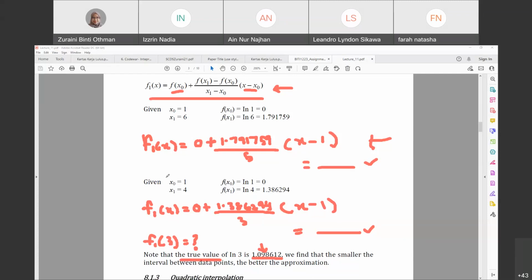Meaning this interval, x0 1 and 4, is closer to the real value. Why? Because the smaller the interval, the closer it is to the real value.